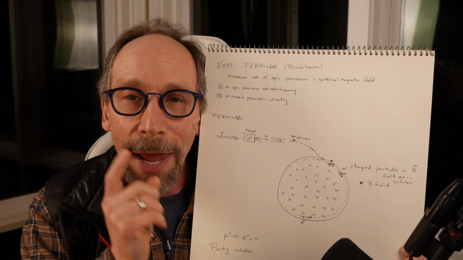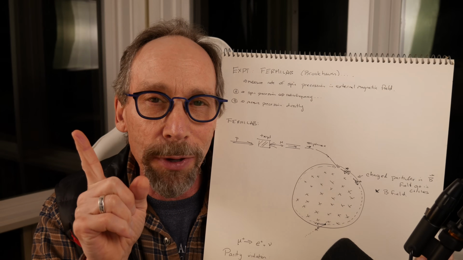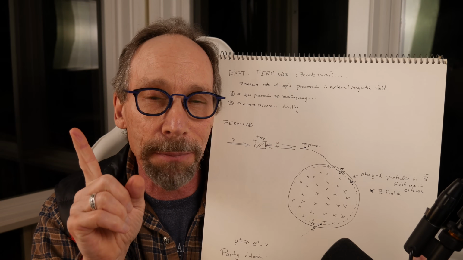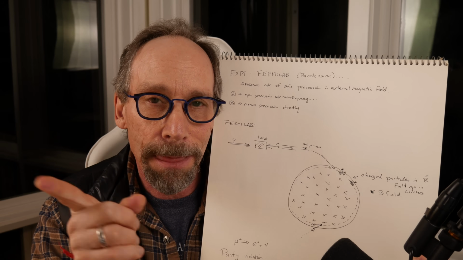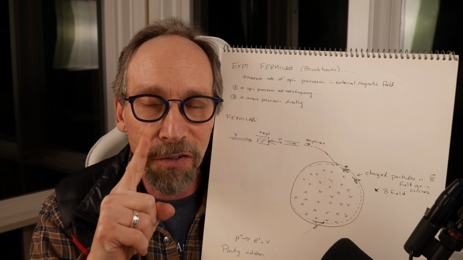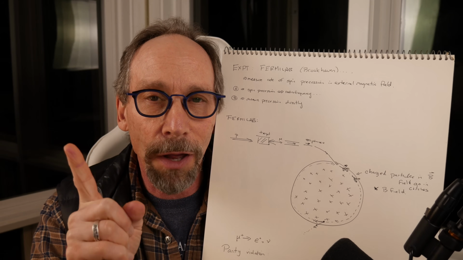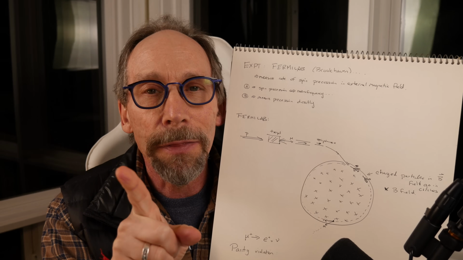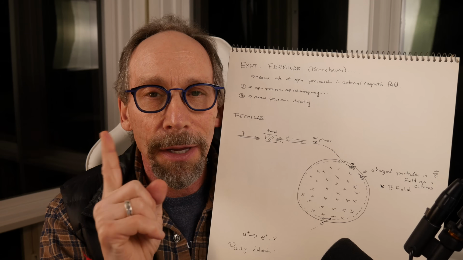So the way we measure, as I showed you before, the size of the magnetic moment of the muon or electron, since it has a spin, is to see how that spin precesses in a magnetic field.